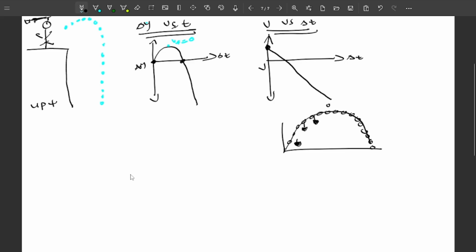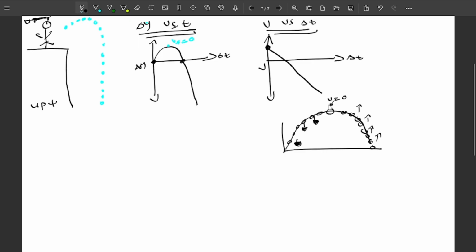Then v is equal to 0 at this point. Now as it goes down, the velocity goes up, velocity goes up, velocity goes up. That is what you have to know.